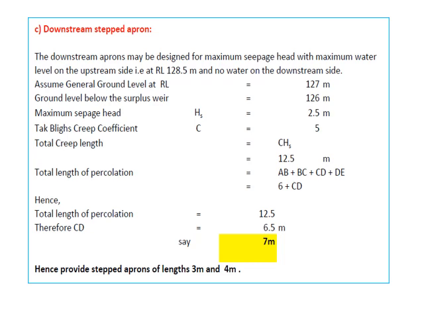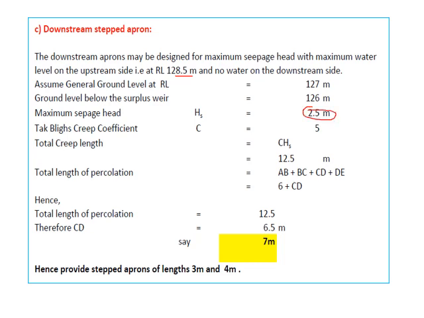Now we have the maximum water level on the upstream side as the MWL, which is 128.5. There is no flow on the downstream side, so we have 128.5 as the water level on the upstream side, whereas 126 on the downstream side. So 128.5 minus 126 will be 2.5 meters of seepage head.